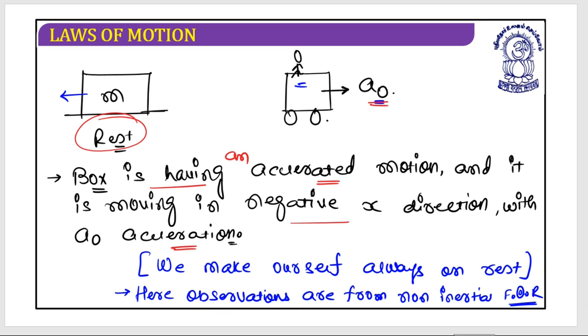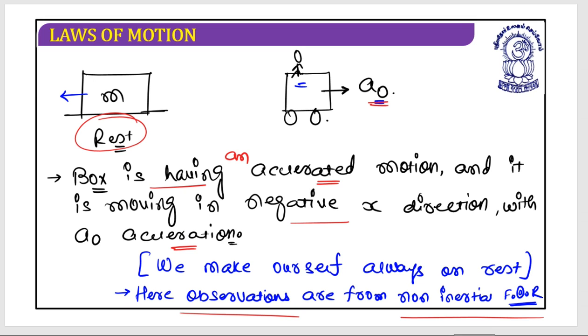From our heart and mind we understand that no, it is not correct, but what you feel is that the box is moving in the negative x direction, because we have seen the trees and shops running behind when we are moving in a car. What makes this kind of false conclusion is that we have taken our observations from the non-inertial frame of reference.